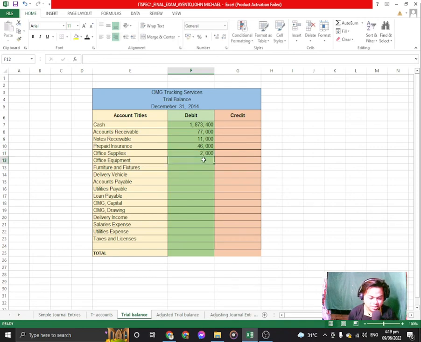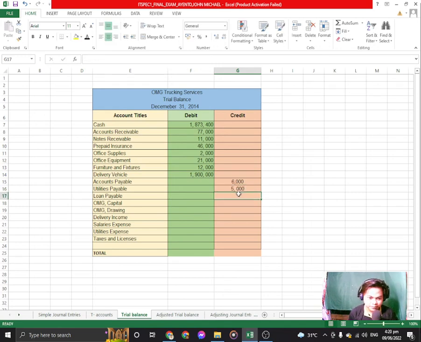And then office equipment, we have 21,000 pesos. And then for the furnitures and fixtures, we have 12,000 pesos. And then for the delivery vehicle, 1,900,000 pesos. Okay. For the accounts payable, we have 6,000 pesos. And then for the utilities payable, we have 5,000 pesos.